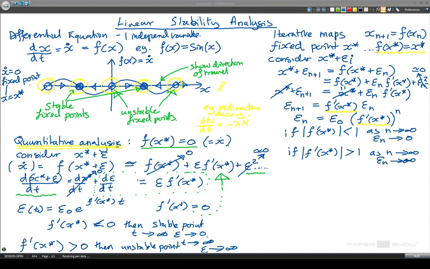Of course, it probably won't go to infinity, because we've made lots of assumptions about epsilon being small and they'll all be broken. But we'll know that it will definitely move away from our point. So here we have a stable fixed point and here we are unstable.